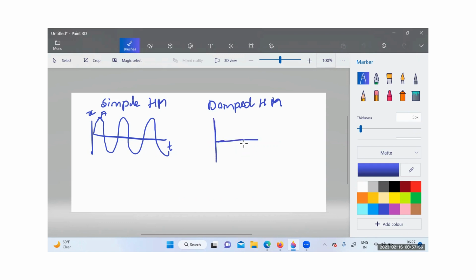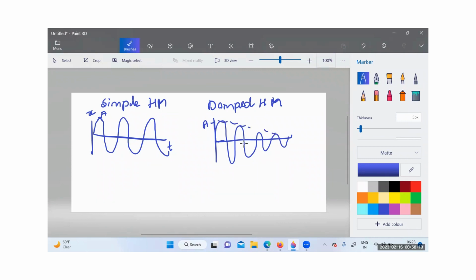If we have to draw the diagram for that, let us say this is the maximum amplitude. Initially it'll have a maximum amplitude, then it'll decrease, then it'll decrease again, and finally end up at zero.